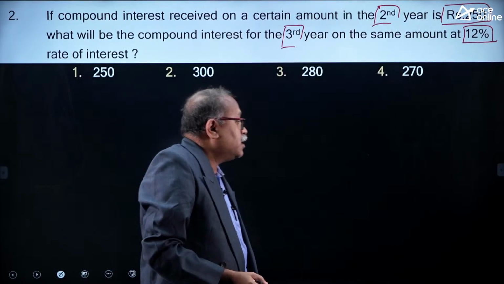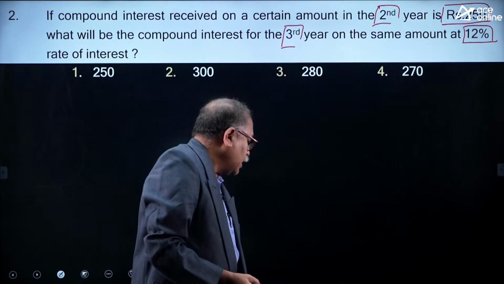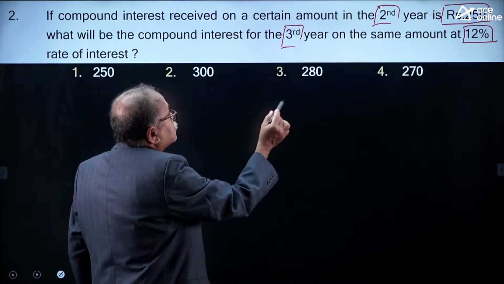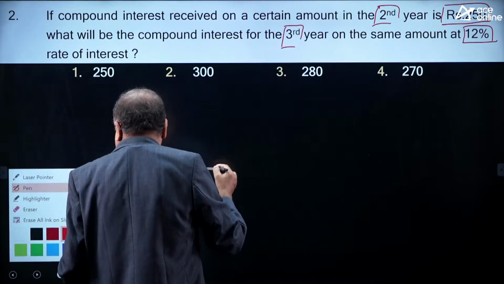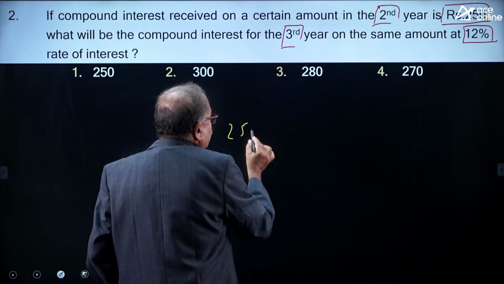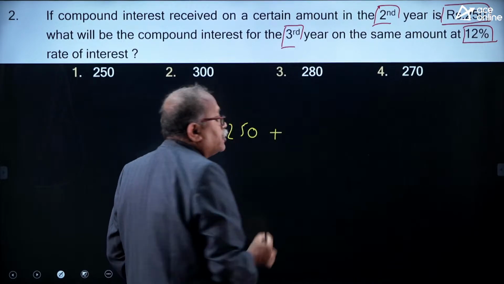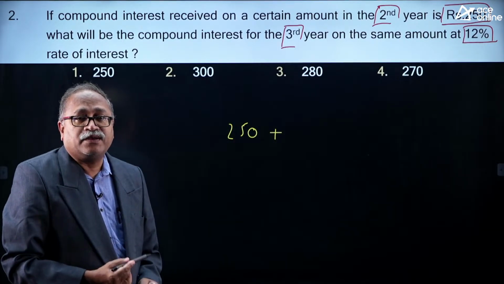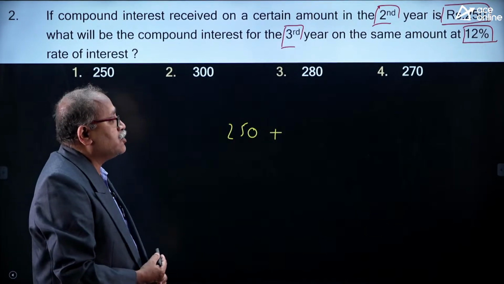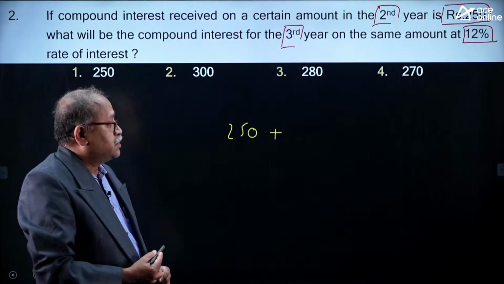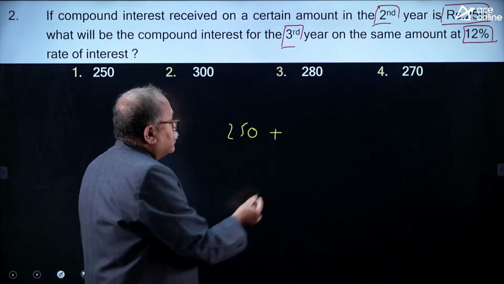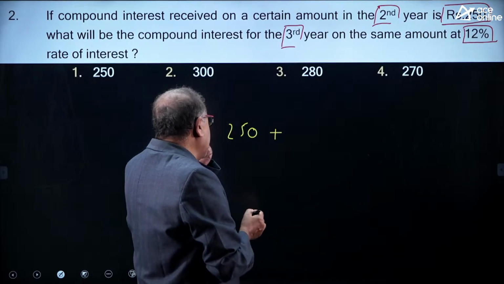So, okay, let us move on and that is 2500. Beautifully understood, Mr. Pandu. 2500 plus 12% of 2500, right? I need to add this one.